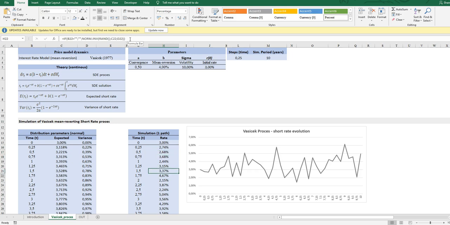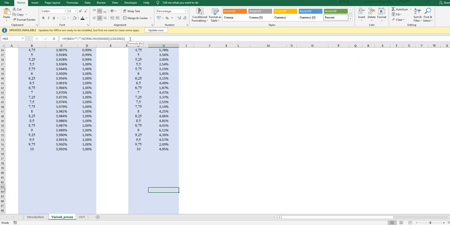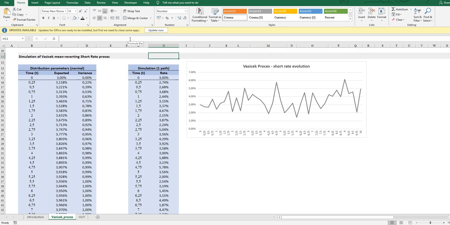And we do that for all 40 steps, leaving us with one entire path over the next 10 years.